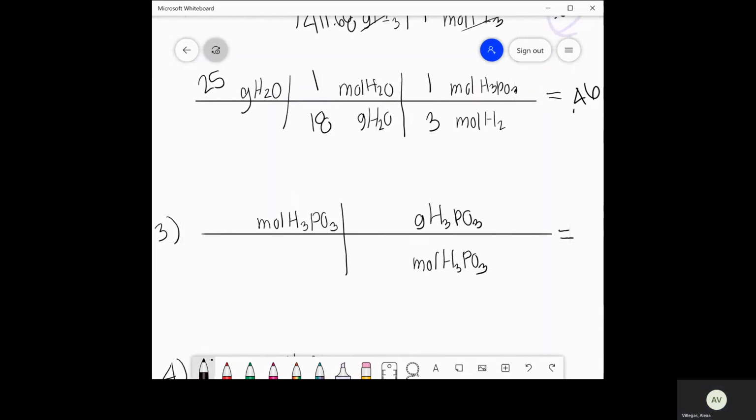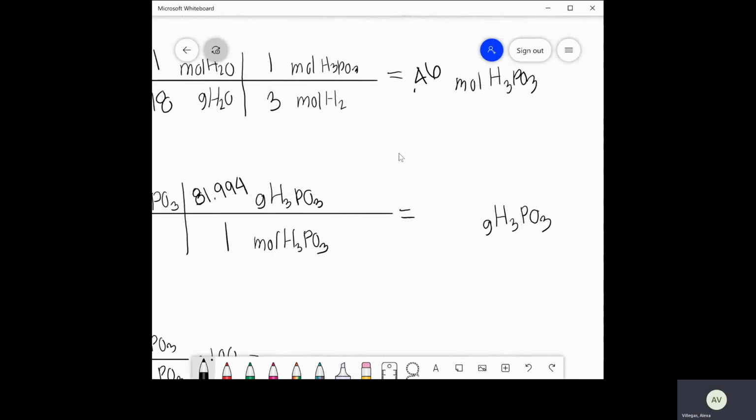Calculating for the molar mass, I get 81.99 grams, and calculating across, that is going to give me 4.979 grams of phosphorus acid.